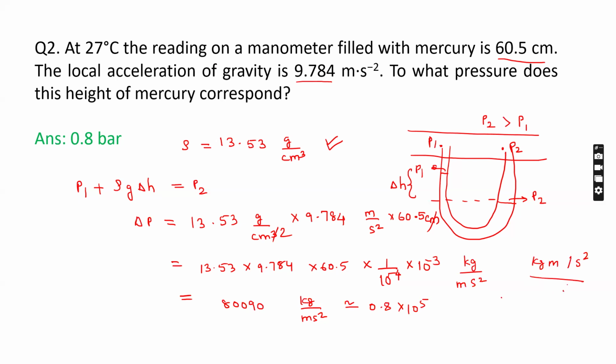Okay, so this is Newton and this is area, right? So Newton per meter square, which is Pascal. This all is Pascal. And 10 power 5 Pascal is 1 bar. So I say 0.8 bar.